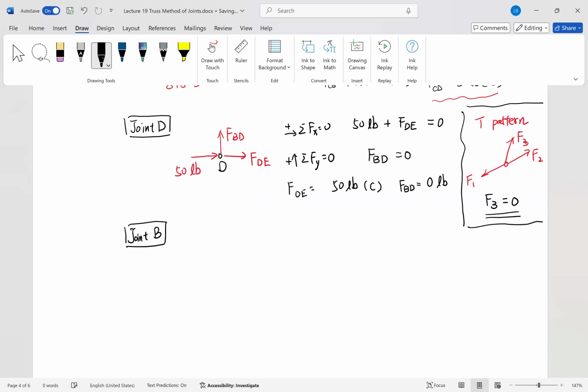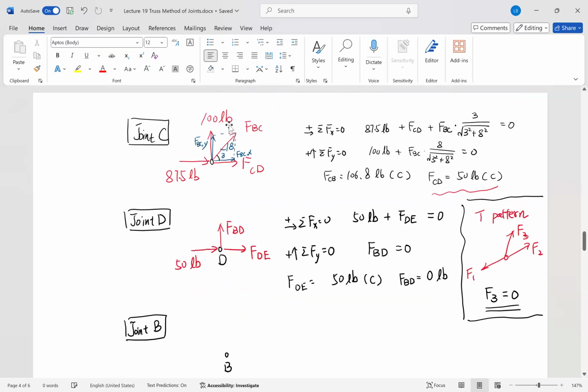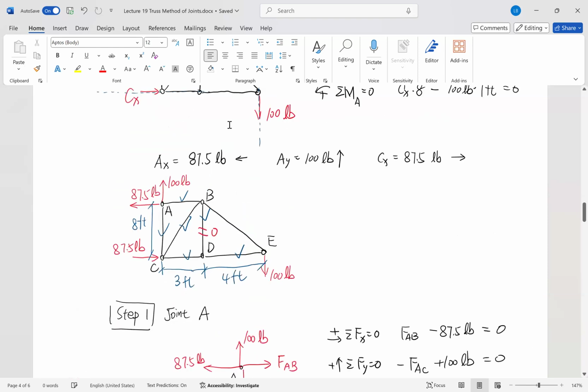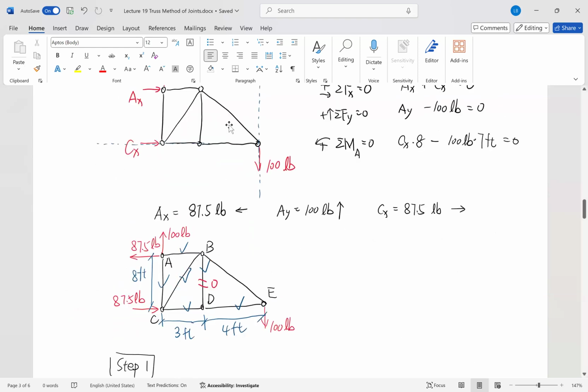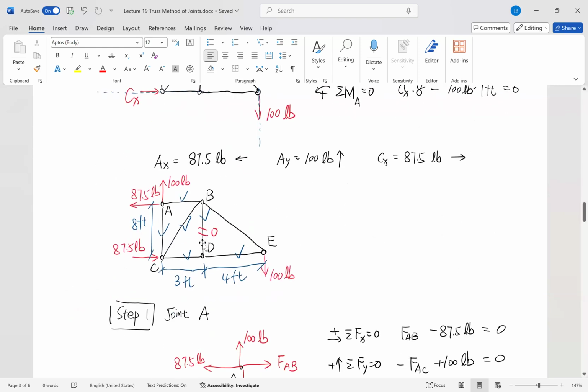Joint B here. Okay, draw the free body diagram of that, and go back to what we have. I would encourage you to first take a picture of the structure system and particularly the dimensions, and think about how we can express the directions of the members connected to B by the dimensions that we have.